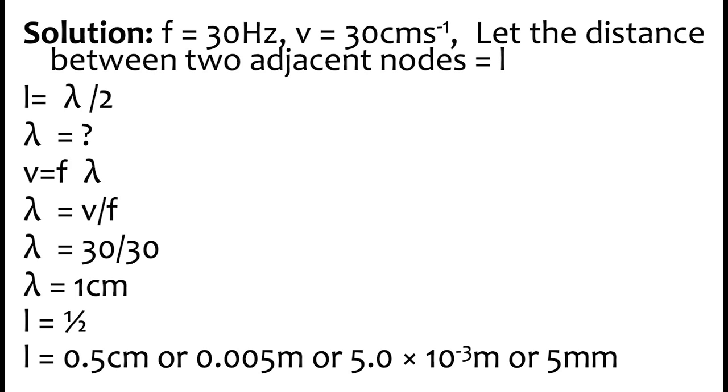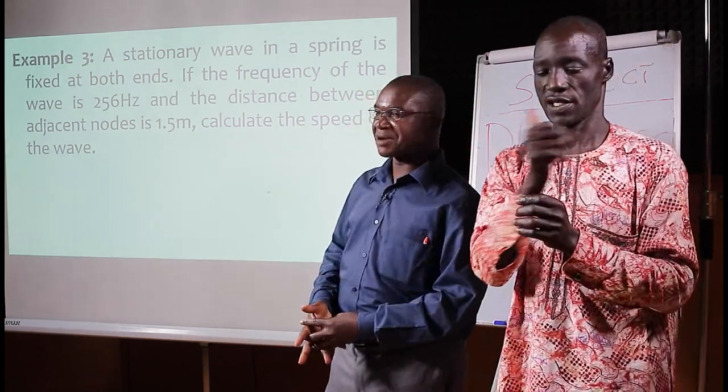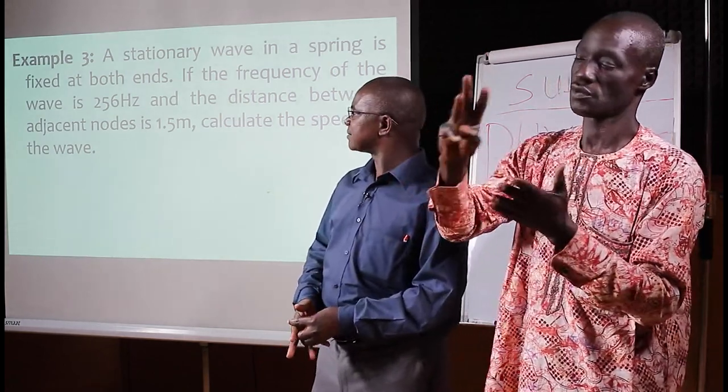And so the length between two adjacent nodes is half a centimeter. In decimal, it is 0.5 cm, or 0.005 meter, or in standard form 5.0 times 10 to the power minus 3 meter, or 5 millimeter.